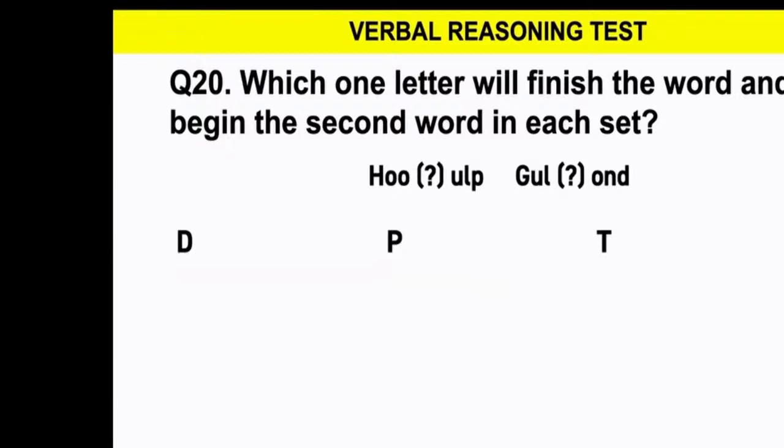I said the letter is P. Then if we put P there, which words will be formed? Means if we put P here in the first word, it will be hoop, and then the second, pulp.